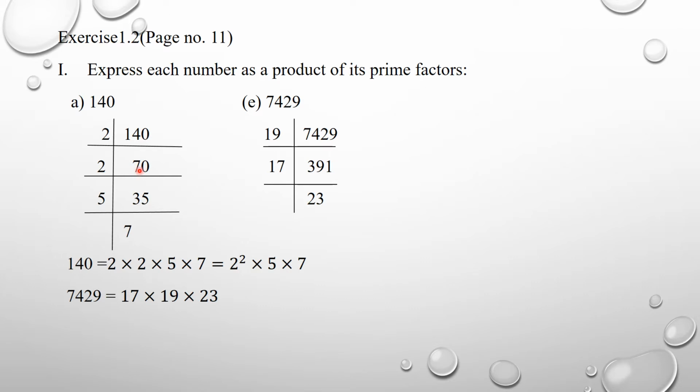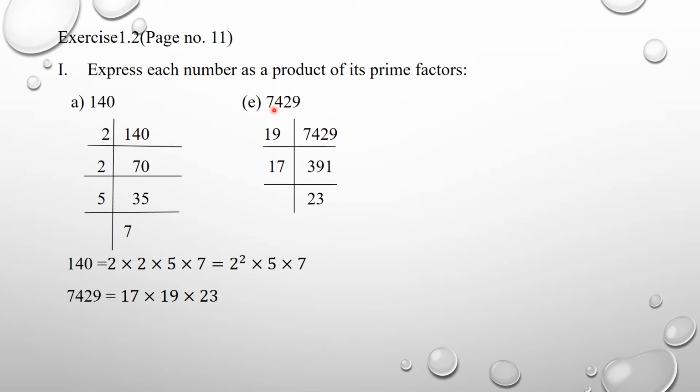When 70 is again divided by 2, we get 35 as the answer. When 35 is divided by 5, we get 7 as the answer. Therefore, 140 can be written as 2 square into 5 into 7, which is the product of its prime factors.